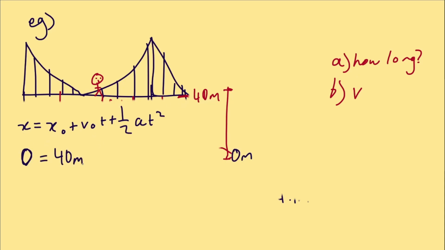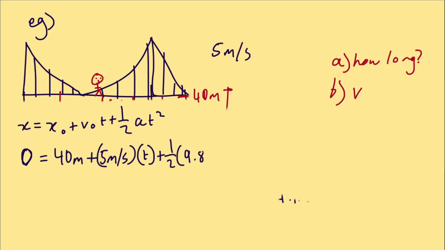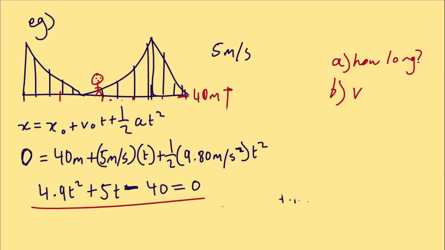So 40 meters plus the starting velocity, which this time exists, it's 5 meters per second, multiplied by time, plus 1/2 times 9.80 times time squared. When you expand all of this, you get 4.9t² + 5t − 40 = 0. This is a quadratic.